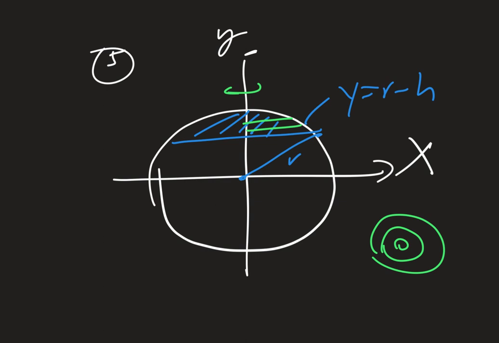So first of all, we need to know the coordinate of this. This definitely is 0 and r minus h, correct? And this is r. And secondly, we need to know the length. Of course, we know that this is y, this is x.